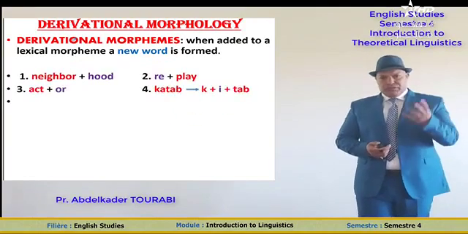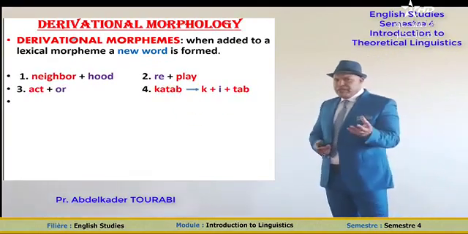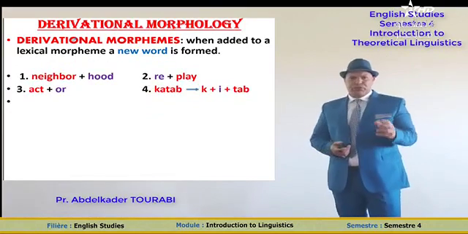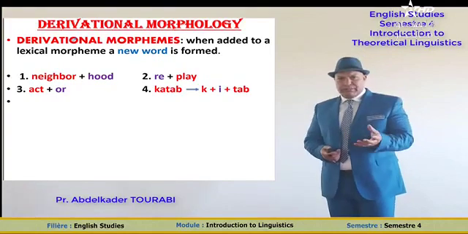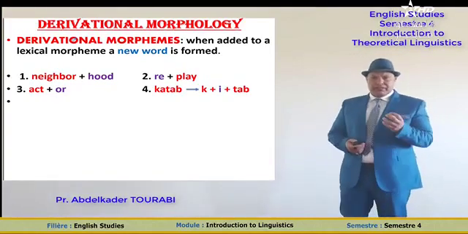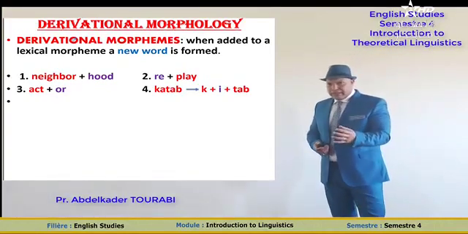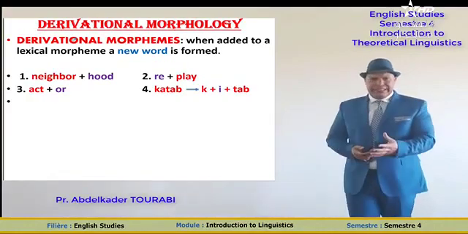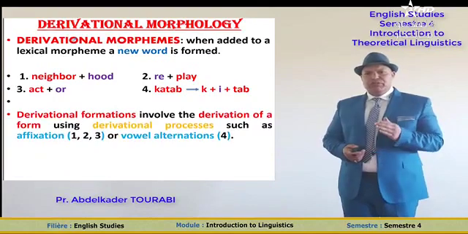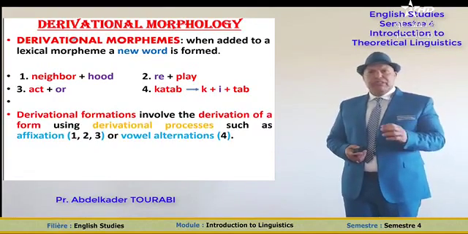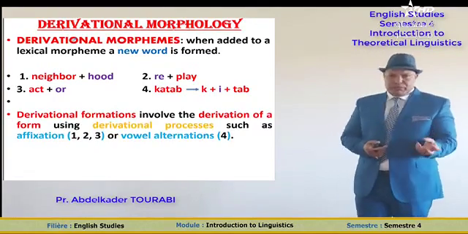Example here. If we take example number 1, we have neighborhood. Number 2, reread, replay. Number 3, actor. And number 4, kataba in Arabic, kitab. So derivational formations involve the derivation of the form using derivational processes. What are the processes here?